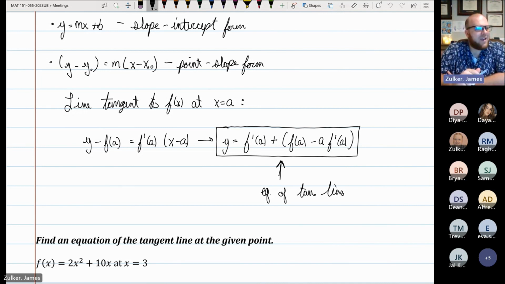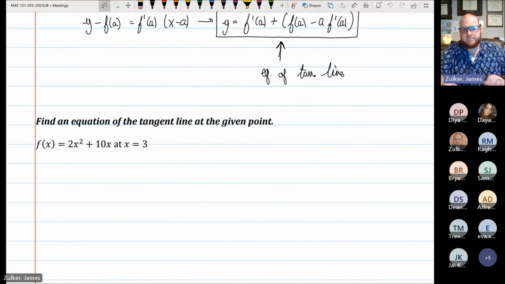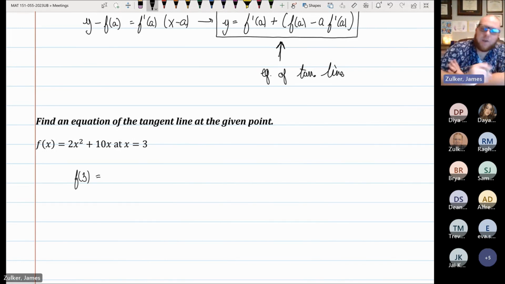What we're going to do is go ahead and find an equation of the tangent line at the given point. Right, first things first, let's go ahead and just find f of 3, because we're going to need that. Nine, 18 plus 30, 48.